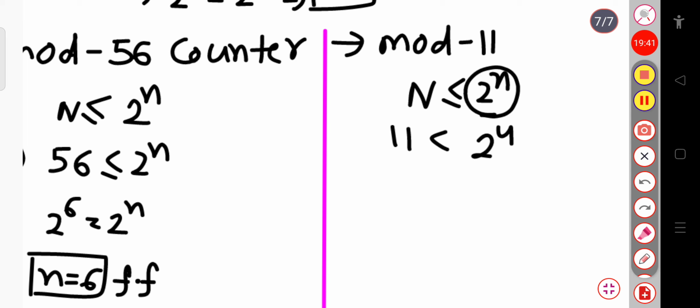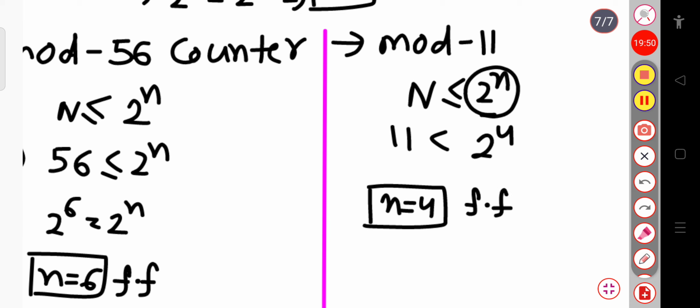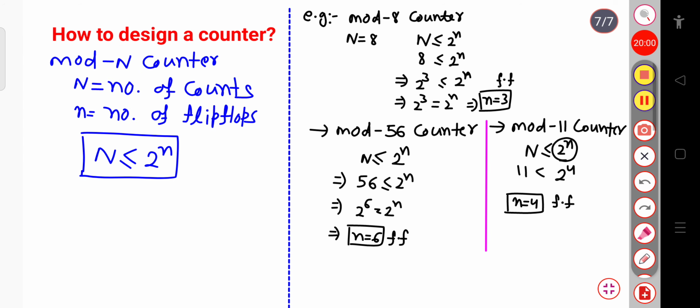So here in this case n should be 4. That is, we need 4 flip-flops to design the mod 11 counter. To design a mod 11 counter, we require 4 flip-flops. This is how to design a counter. The basic criteria is N should be less than or equal to 2 power n.